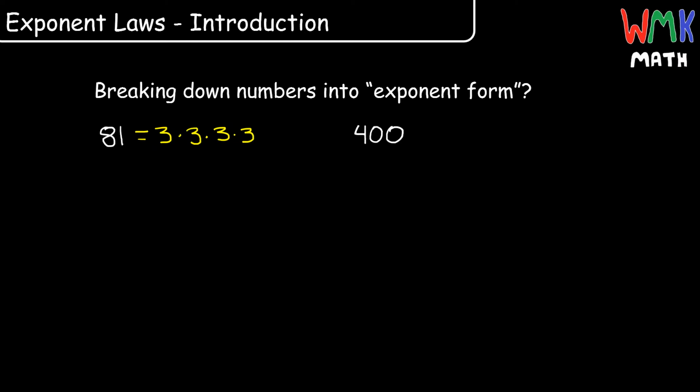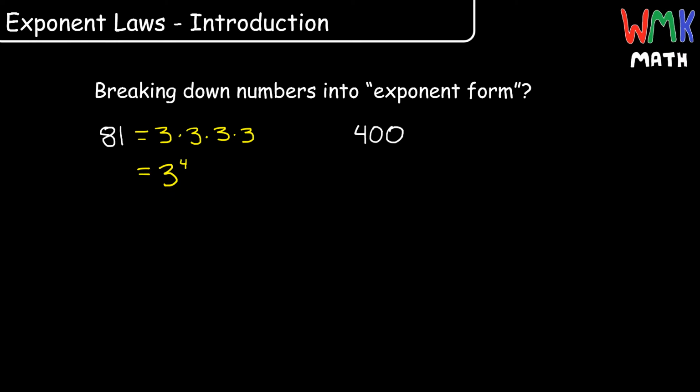Now, can we actually simplify this using exponents? Yes, we can. Notice how we have four 3s, so our base in this case will be 3. And because there are four 3s, our exponent is 4. So 81 is 3 to the power 4. Really nice, simple. Great for exponent laws.